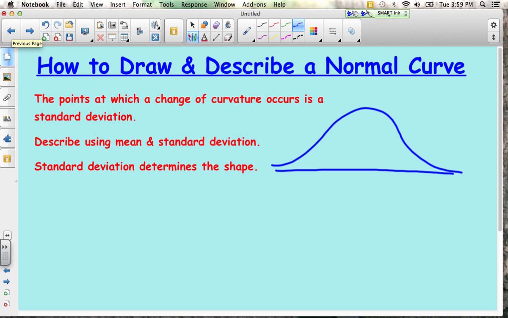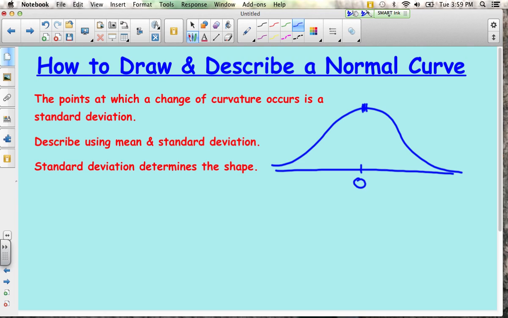Now, notice, right here in the middle is going to be my x bar. That's going to be our mean. Now, we're going to change that here in a second, but that's my standard deviation of 0.